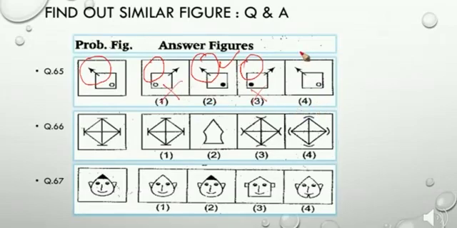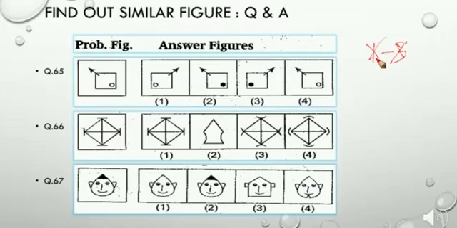In option 4, it's available, so we can take it for the moment. So option 1 and option 3 we have ruled out.